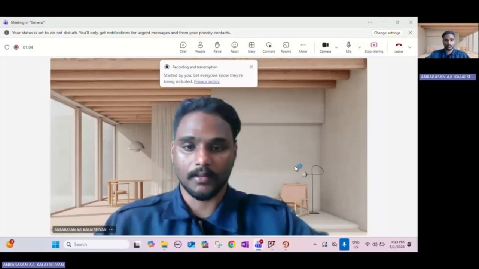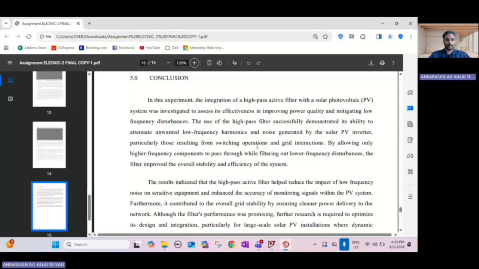Now, madam, I'm going to talk about the conclusion. In this experiment, the integration of a high-pass active filter with the solar photovoltaic PV system was investigated to assess its efficiency in improving power quality and mitigating low-frequency disturbance.